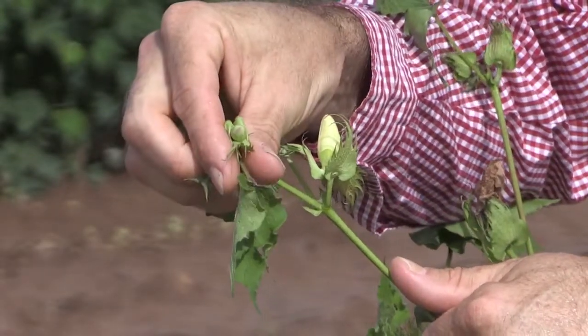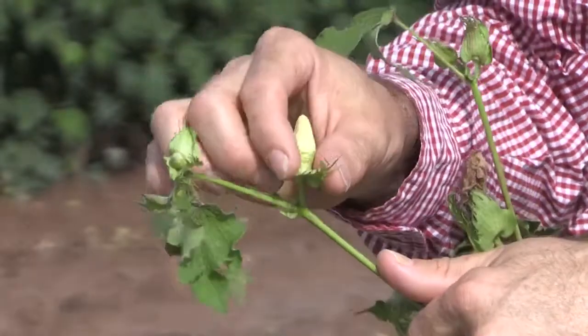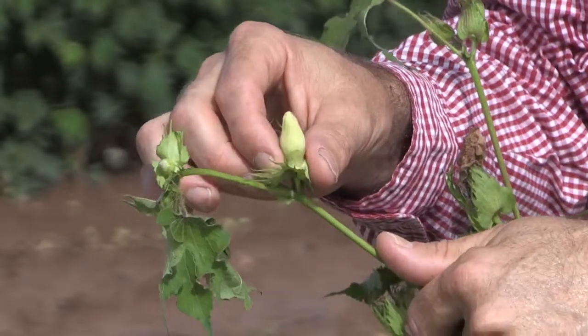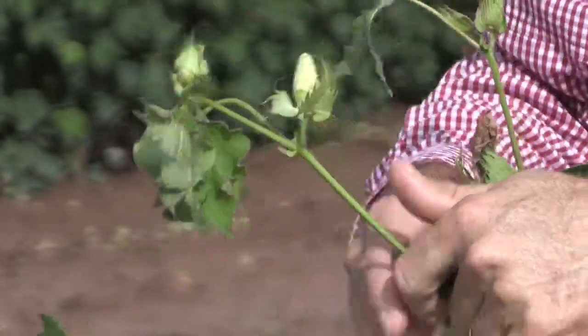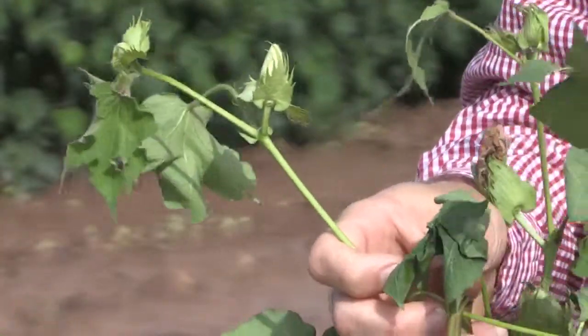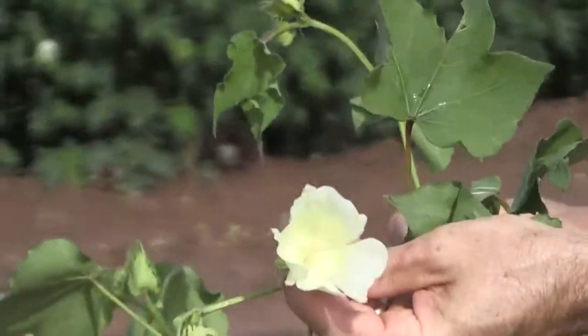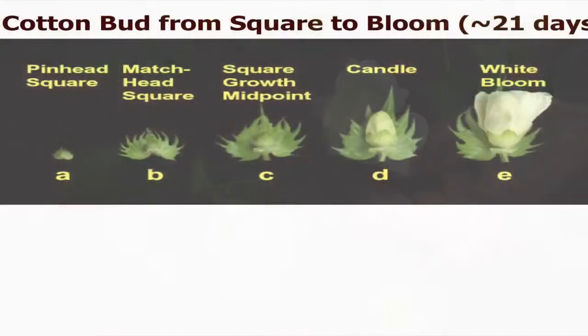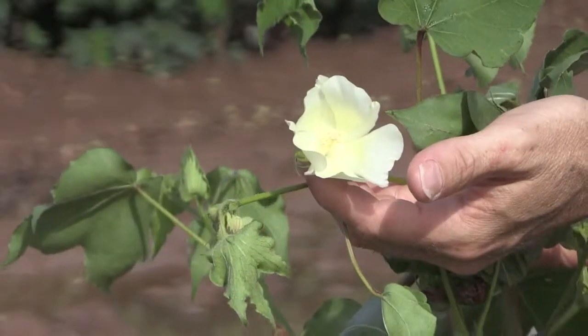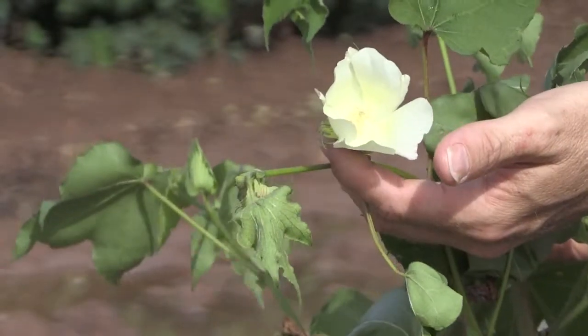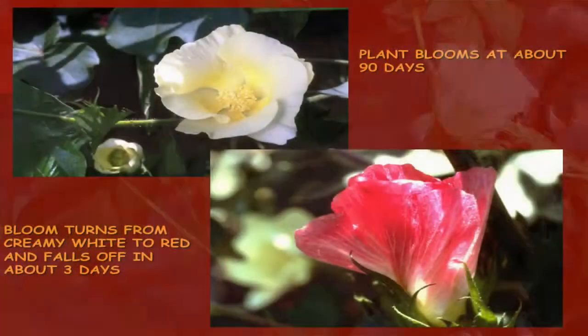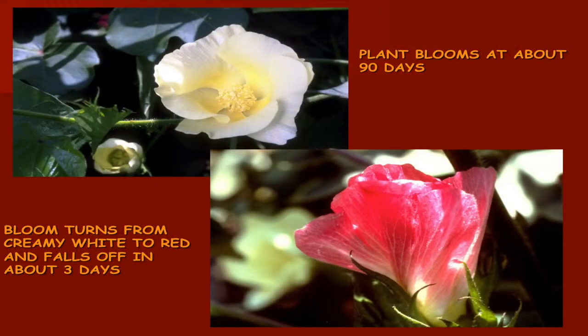That's right here. So again, in a few days, this will actually open up into this creamy white flower, and then it will make a white flower that looks like this. And then after it's pollinated, the petals will turn pink or red. And then after that, the boll starts to develop on the cotton plant.